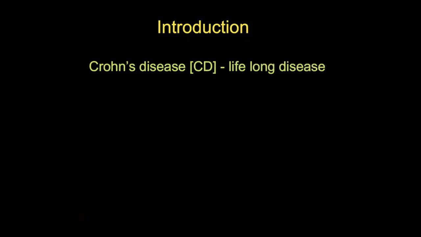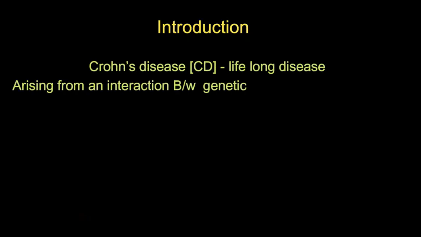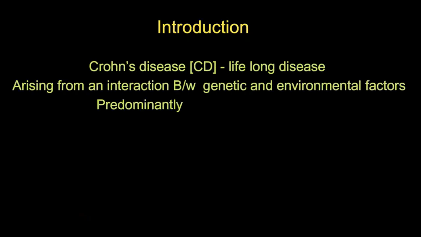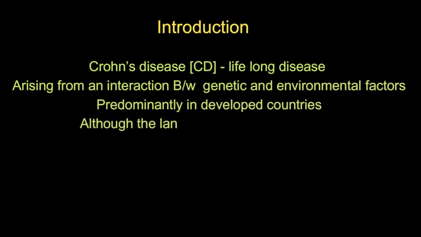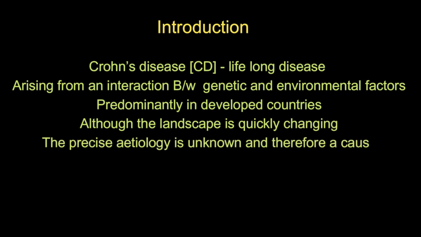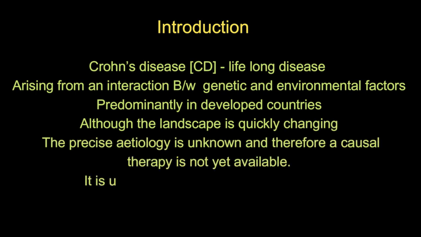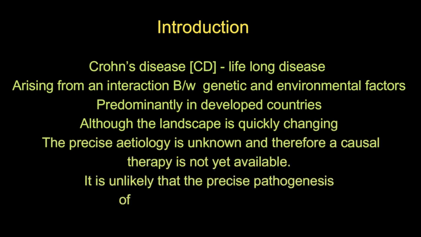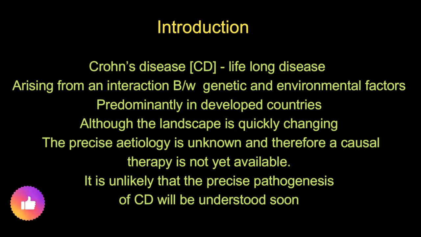Crohn disease is a lifelong disease, and it arises because of the interaction between genetic and environmental factors, so that a person who is genetically predisposed comes to a susceptible environment and will get Crohn disease. Crohn disease is predominantly found in developed countries, but the landscape is quickly changing.